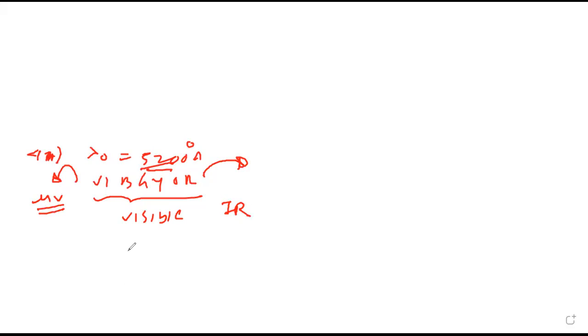So this lambda 0 is in the visible range, you know the visible range is generally 4000 to 8000. So this lambda 0 is visible. Should the other wavelength be lesser than this or greater than this?